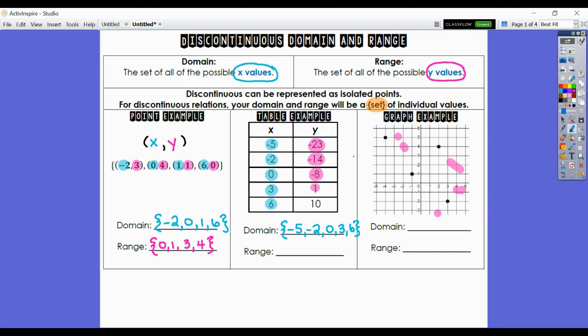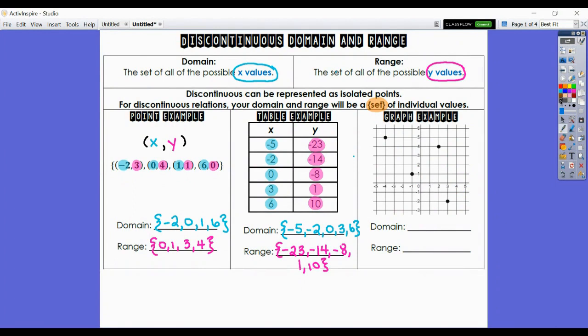We highlight all of our y values and list them again least to greatest. We have -2, 3. Make sure you always list them least to greatest in your brackets for it to be a set notation properly written.